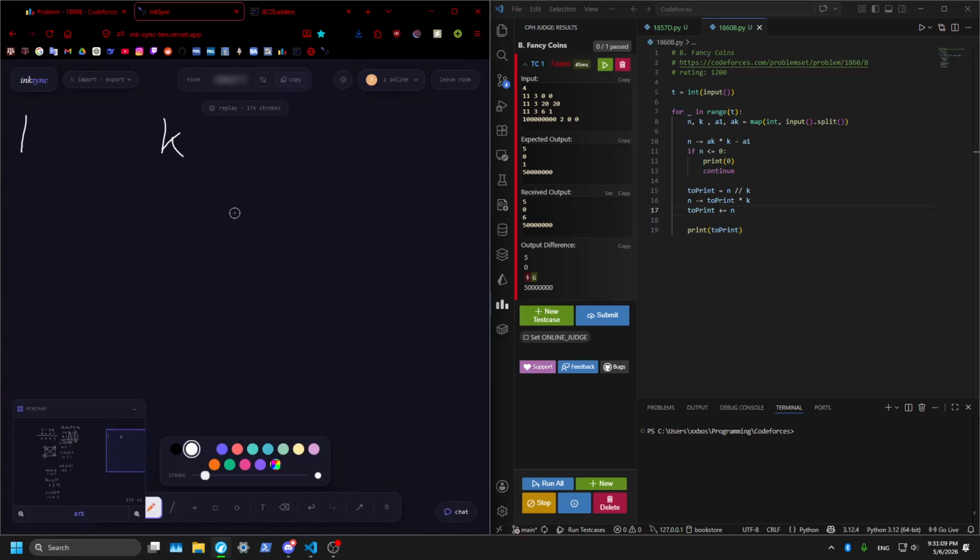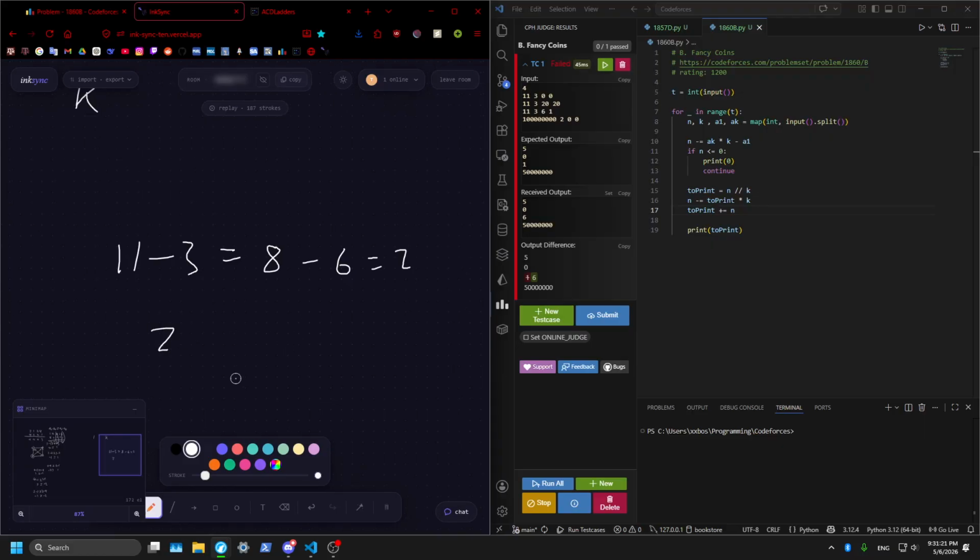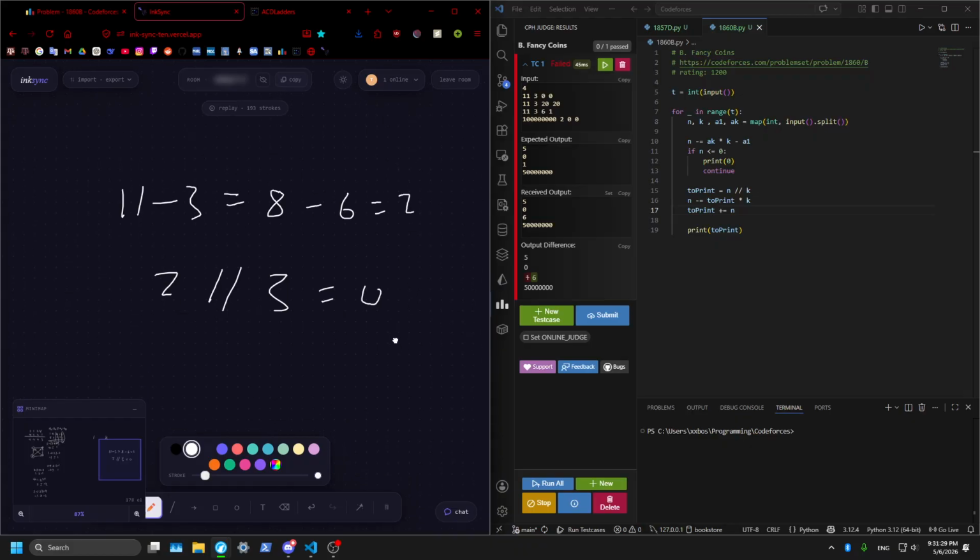So 11 minus 3 is 8. And then minus 6 is 2. So 2 divided by 3 is 0. So it would still be 2 after this.